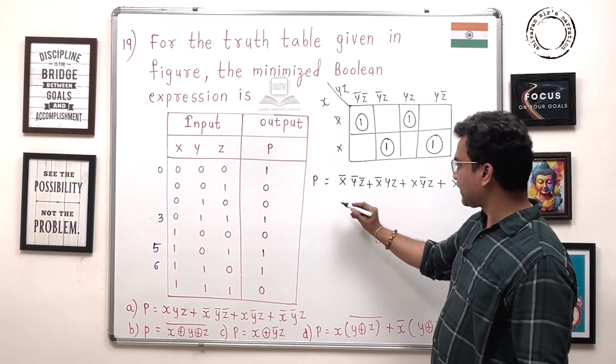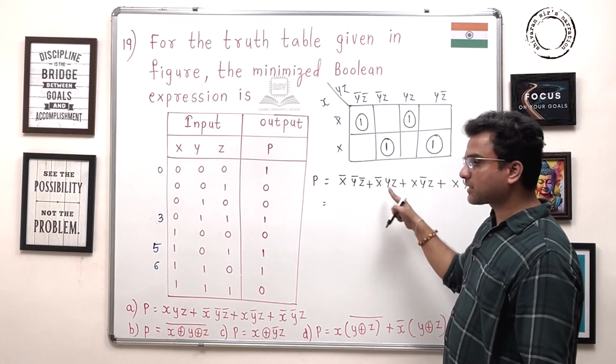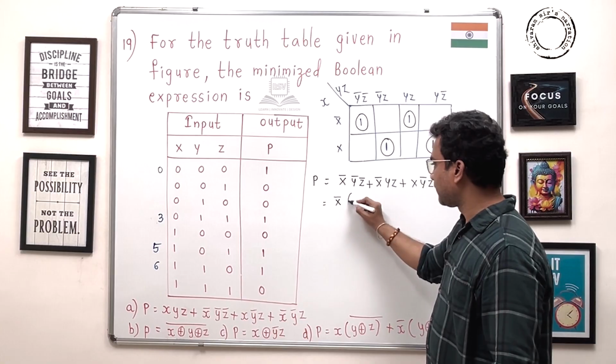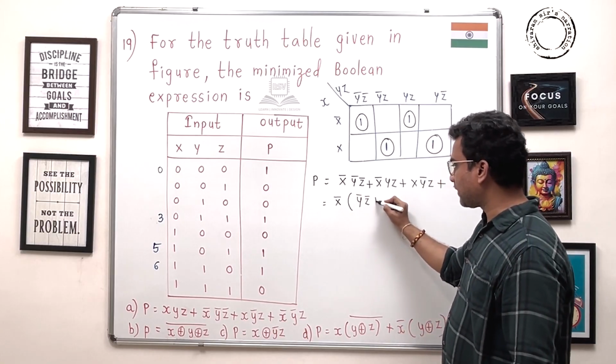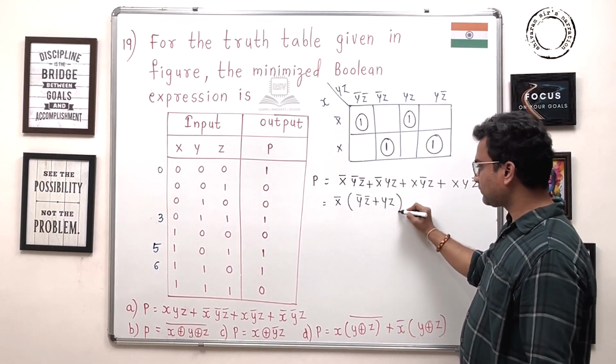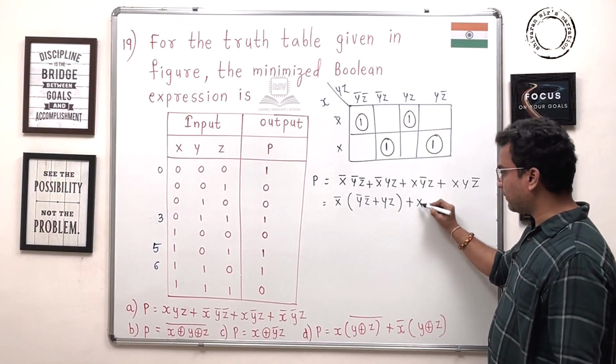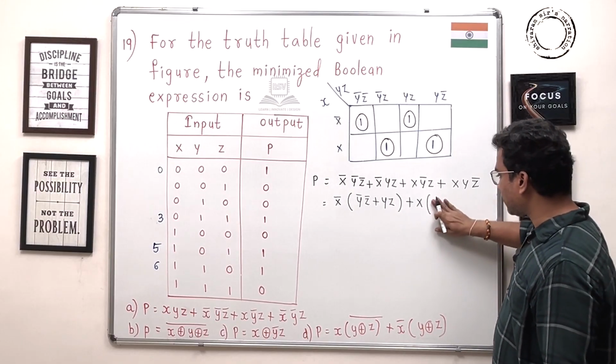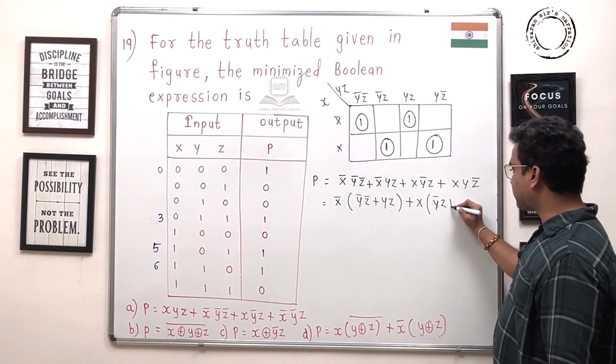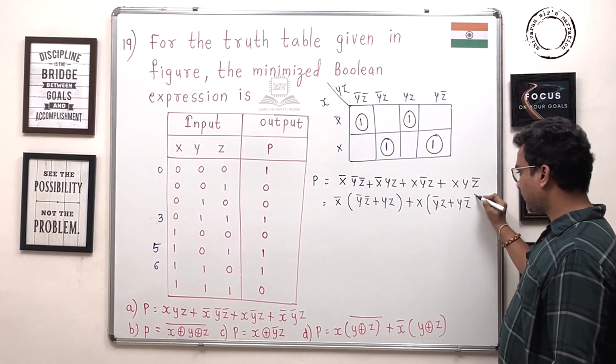Now you see guys, here x bar is common. Let's take x bar. It is y bar z bar plus yz. Again, x common, y bar z plus yz bar. Right.